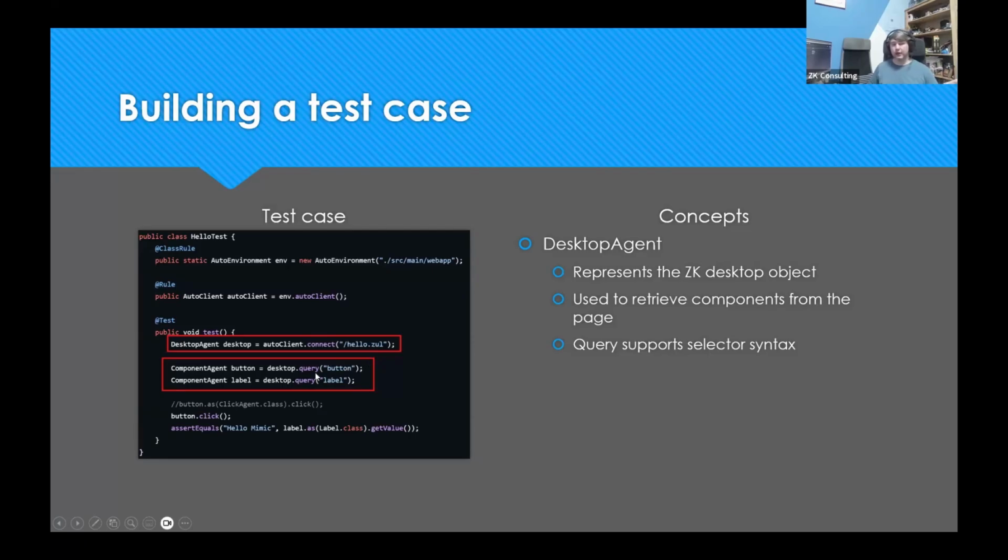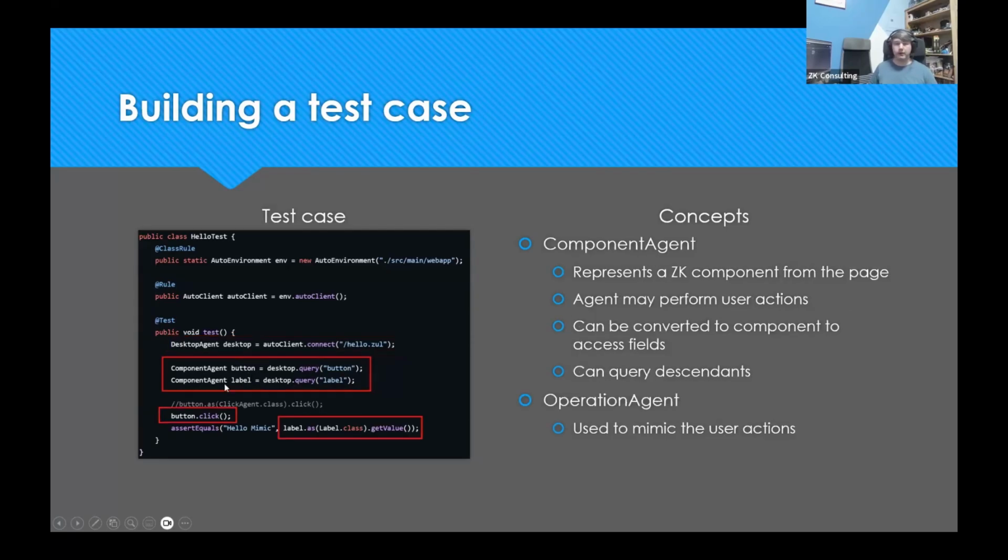All right. Now that we have our button and our label, we can do things with them in order to actually test our workflow. So the first thing we're going to do is we're going to simulate a click on the button. We have two ways to do this. The easy way is to use the shortcut click, which is directly available on all component agents.